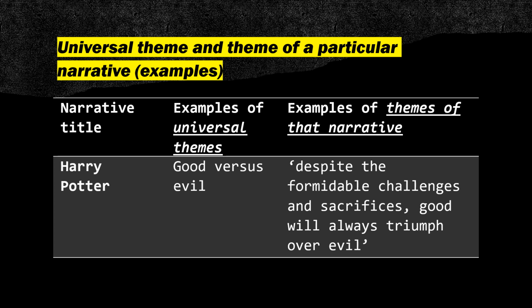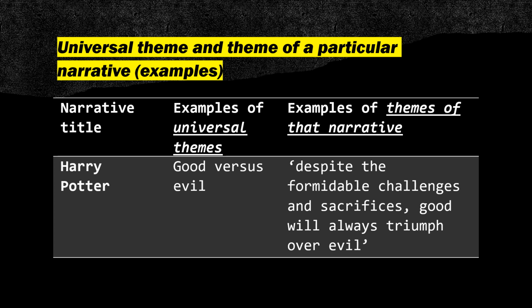J.K. Rowling, the author of the Harry Potter series, shapes the theme by introducing unique characters like Harry, Hermione, and Voldemort, each with their own moral complexities and struggles. The magical settings, such as Hogwarts and the Wizarding World, provide a distinct backdrop for the exploration of the universal theme.